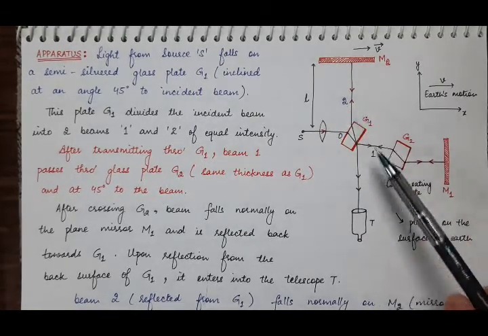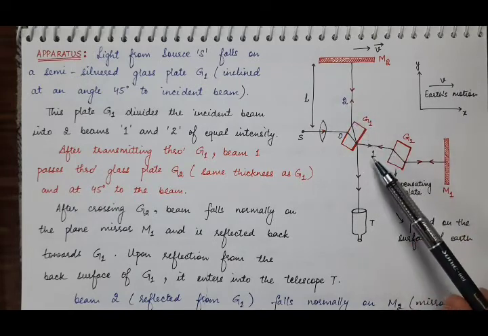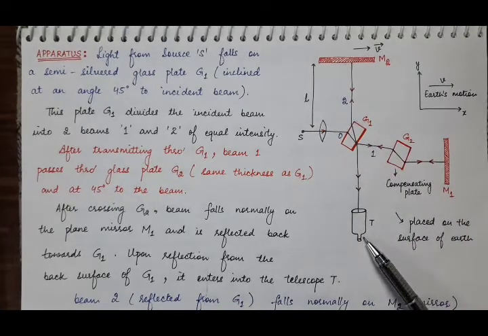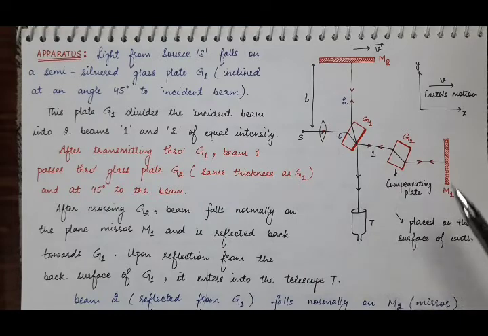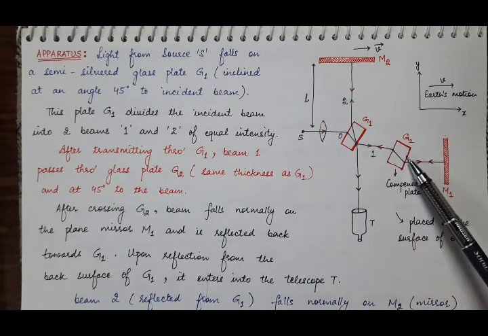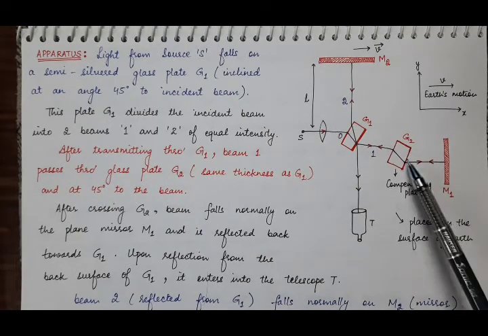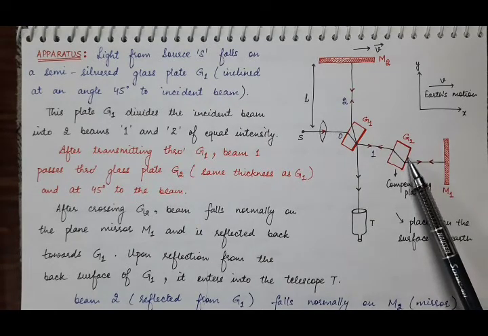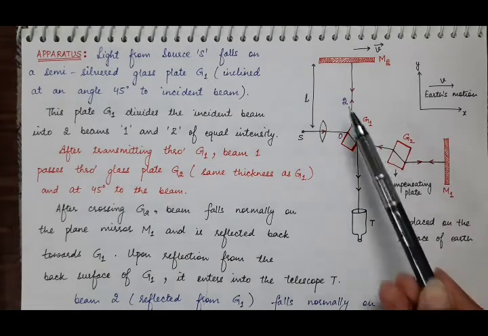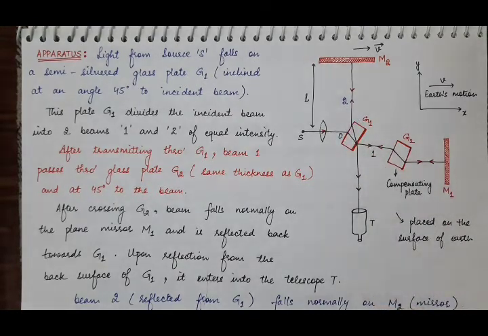To observe the interference pattern of these two beams of light, we are using telescope T. And this glass plate G2 is known as the compensating plate. Why? Because this plate is just introduced to make the optical path lengths of the two components of the beam equal.